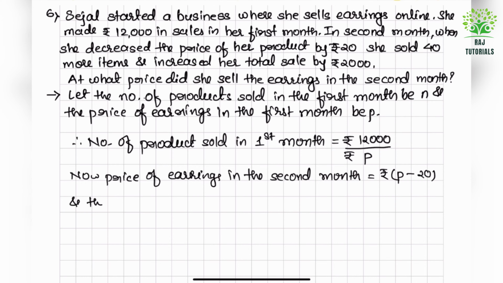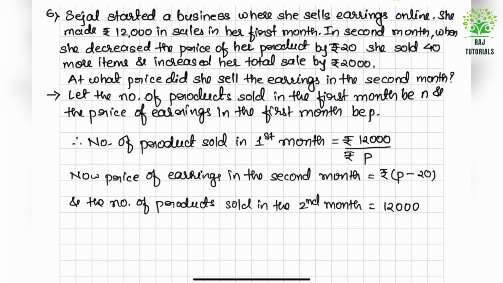And the number of products sold in the second month was 12,000 upon P plus 40, because 40 more were sold.